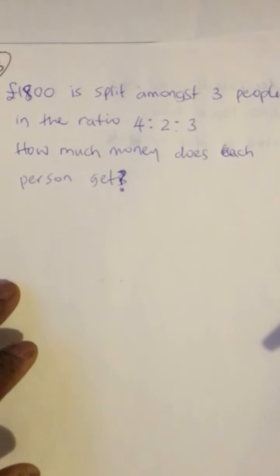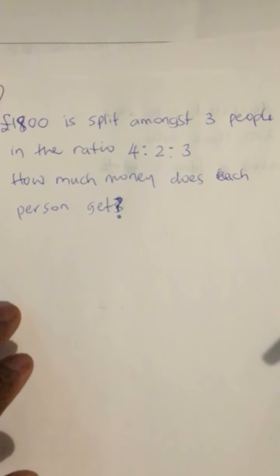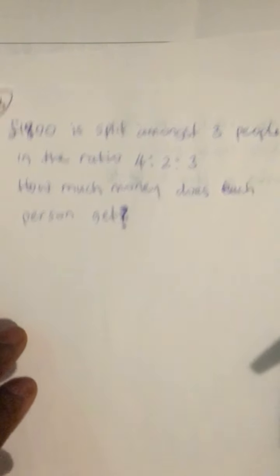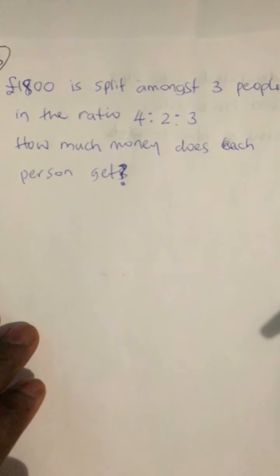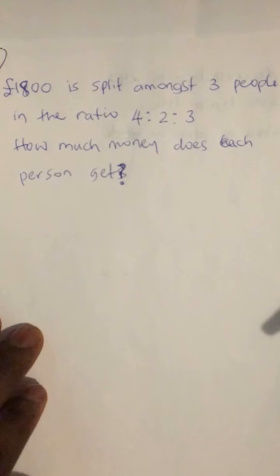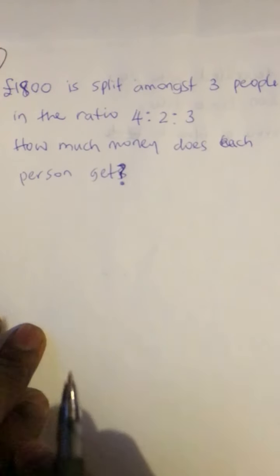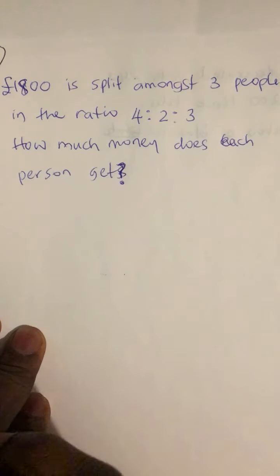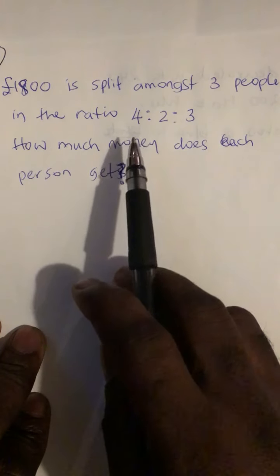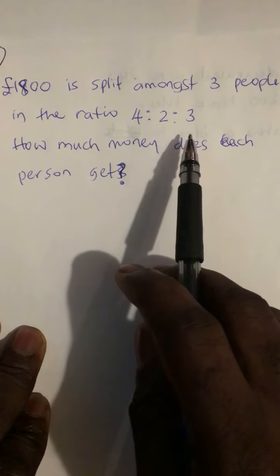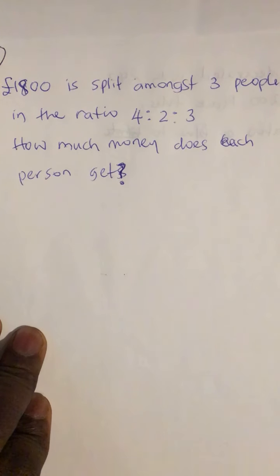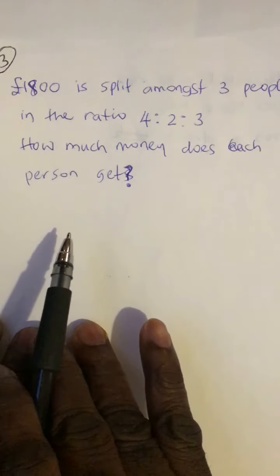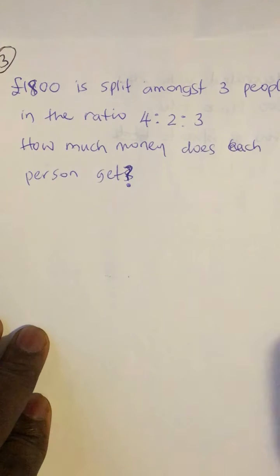In this example, we have £1,800 split amongst 3 people in the ratio 4 to 2 to 3. So the question says, how much money does each person get?